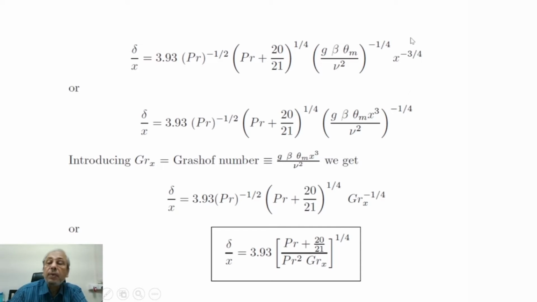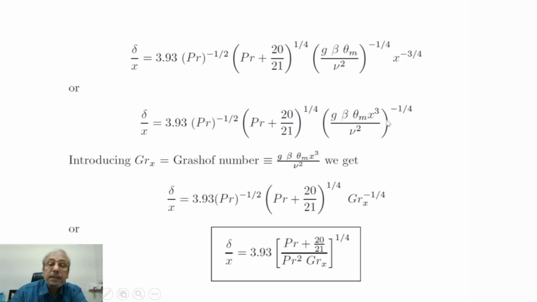So exactly that is what we get, and then delta by x equals 3.93 Prandtl number to the power minus half, Prandtl number plus 20 by 21 to the power 1 by 4, g beta theta m, and we bring this x power minus 3 by 4 under this bracket, so it becomes x cube nu square, entire quantity to the power minus 1 by 4.